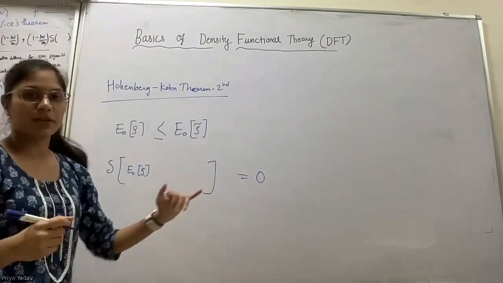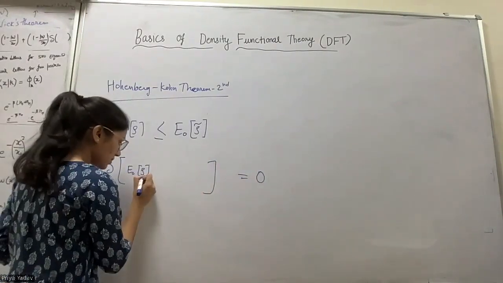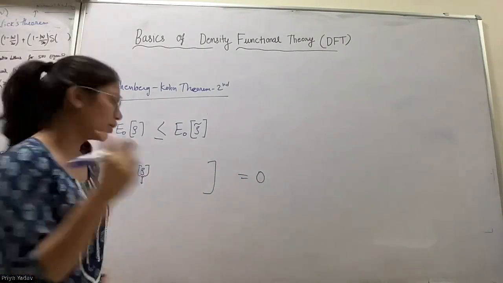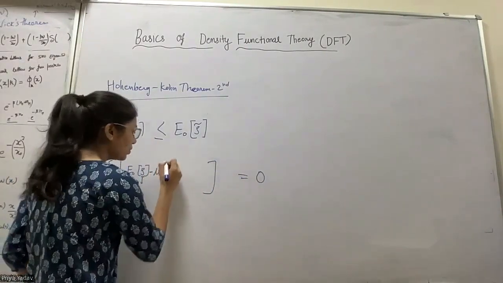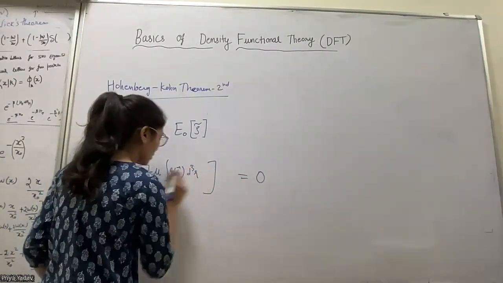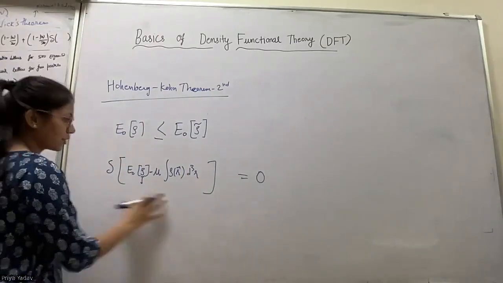It should not vary, because this is the minimum. But this electron density cannot be anything; there is a constraint. So there is a term mu times the integral of rho(r) d3r, where mu is the Lagrange multiplier. So this is the equation.